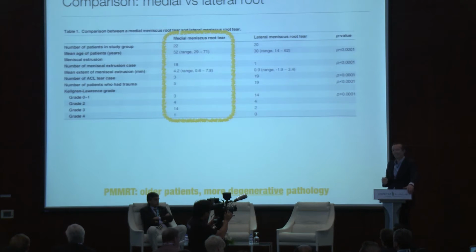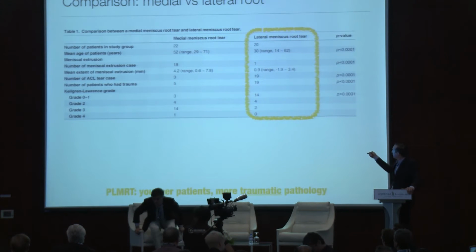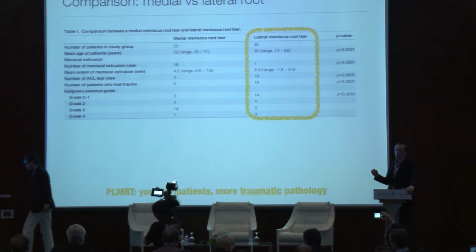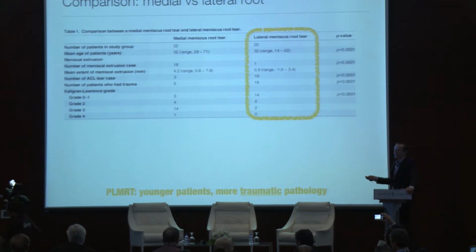So this is on average a more degenerative pathology, but once in a while we will see a posterior medial meniscus root tear in a soccer player. These are older patients and should be considered a more degenerative pathology. On the lateral side, it's pretty clear that these patients are younger and it is more a traumatic pathology, and that is very interesting to understand.